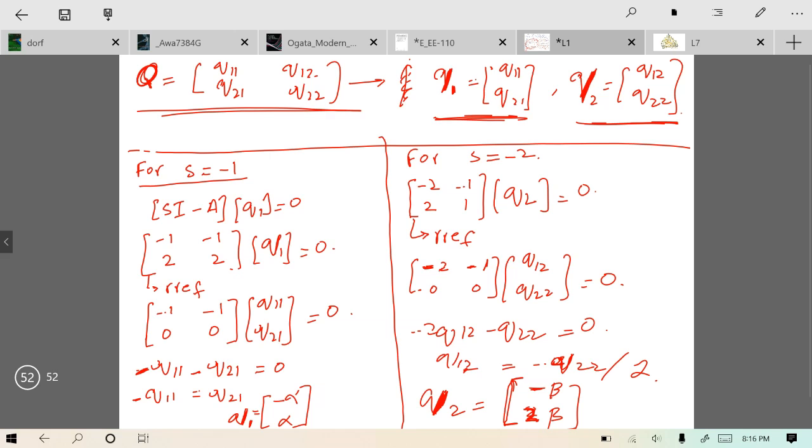So q1 is minus alpha and alpha, and q2 is minus beta and 2 beta. Again, if we take q1 as 1 or 0, we can obviously have a numeric value for q2 as well. But one thing we should keep in mind while choosing the values is that q1 and q2 should be linearly independent of each other.